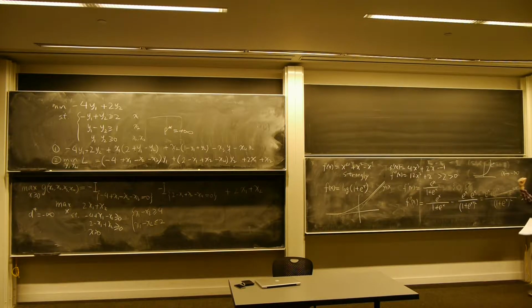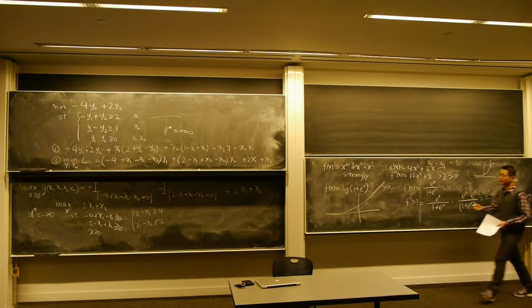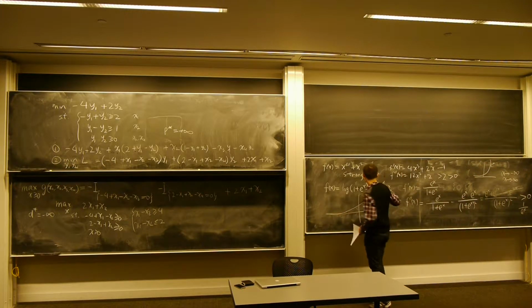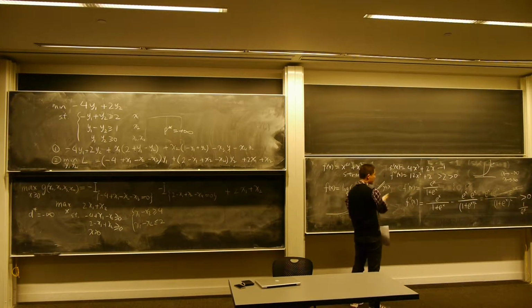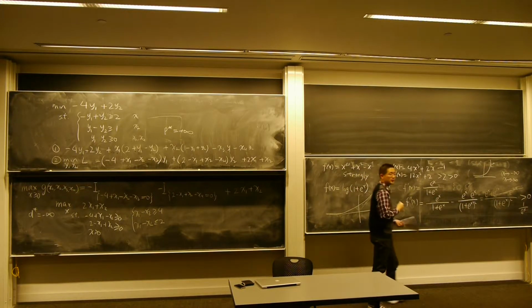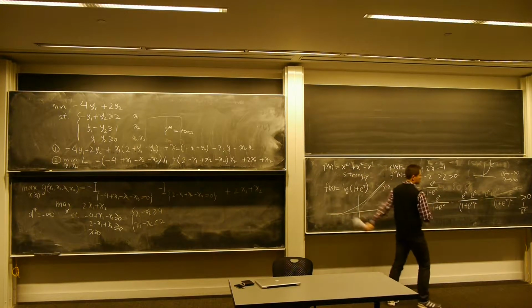And to this end, if x goes to plus infinity, this 1 doesn't matter. You have 1 over e^x. And again, it will go to 0. So you have 0 curvature on this end and 0 curvature on this end. It cannot be supported by a quadratic function on the entire domain.